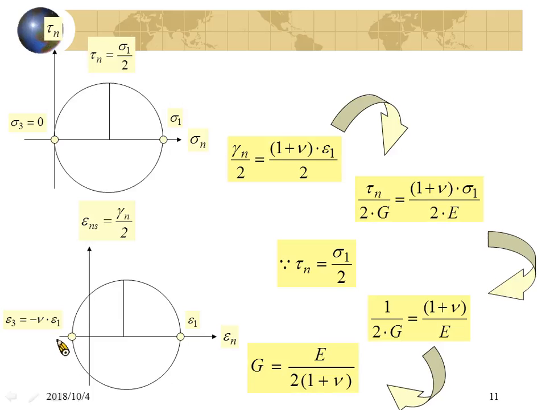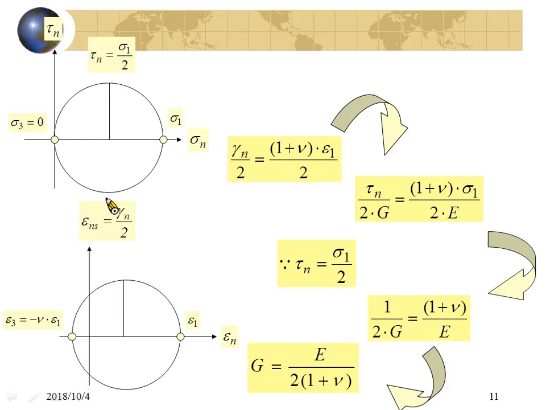How much will epsilon 3 be? Epsilon 3 will equal minus Poisson ratio times epsilon 1 because of Poisson's effect. Understand? So you will have another Mohr circle. This Mohr circle will be the Mohr circle of strain. So right now you have a Mohr circle of stress and a Mohr circle of strain.